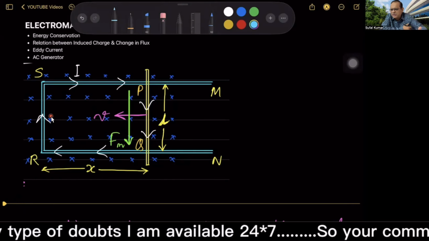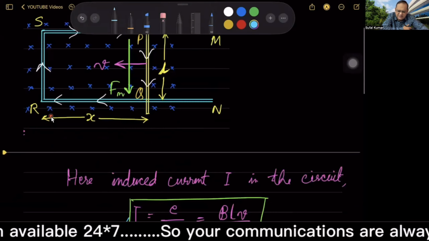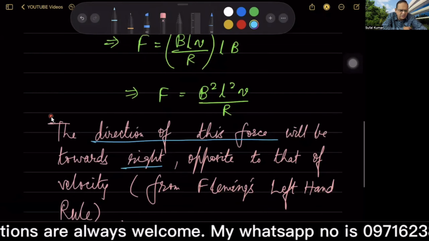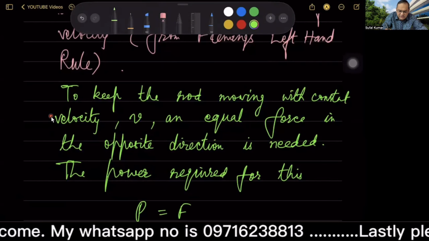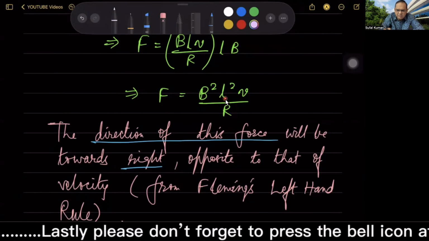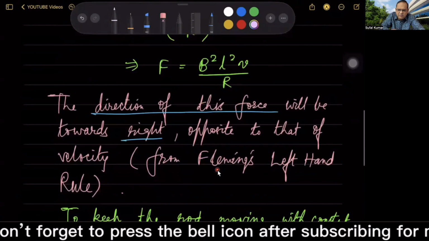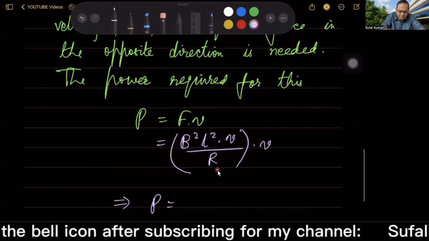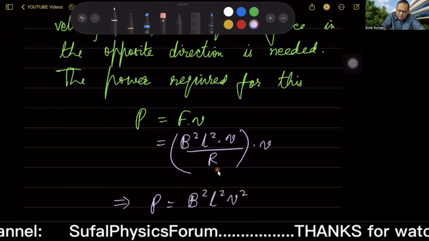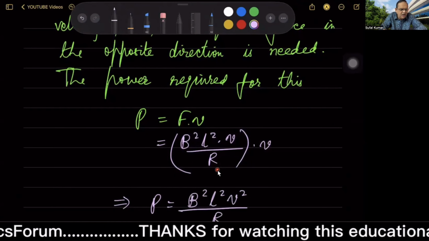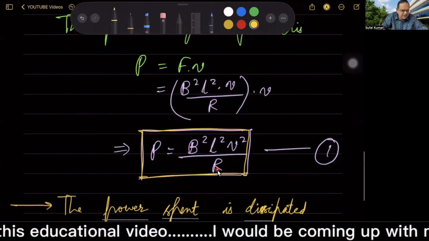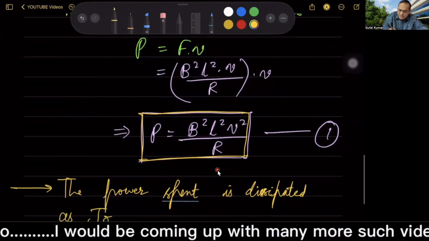And for this purpose, definitely power is needed. And that power thing we are to discuss over here. P is FV and F will be B square L square V upon R. Therefore, P is B square L square V square by R. This is equation number 1. The power spent is dissipated as joules heat.